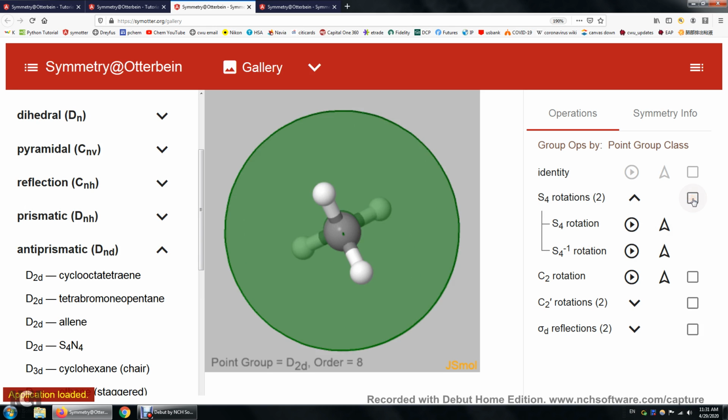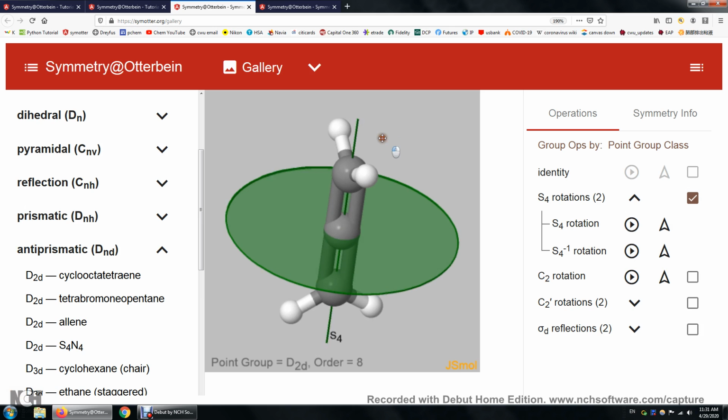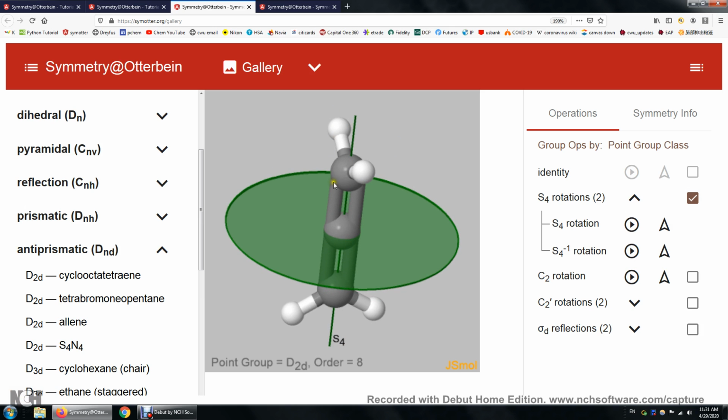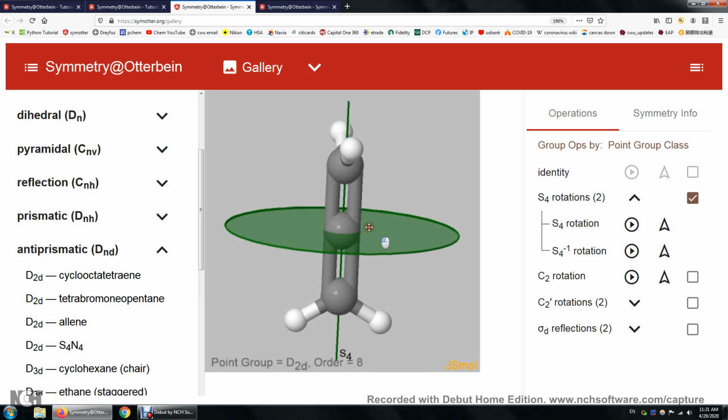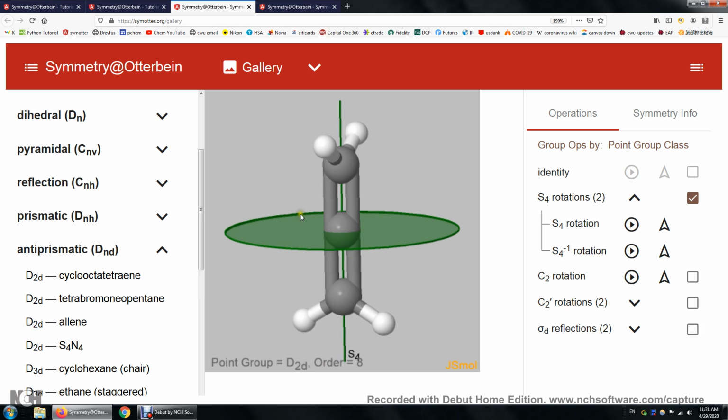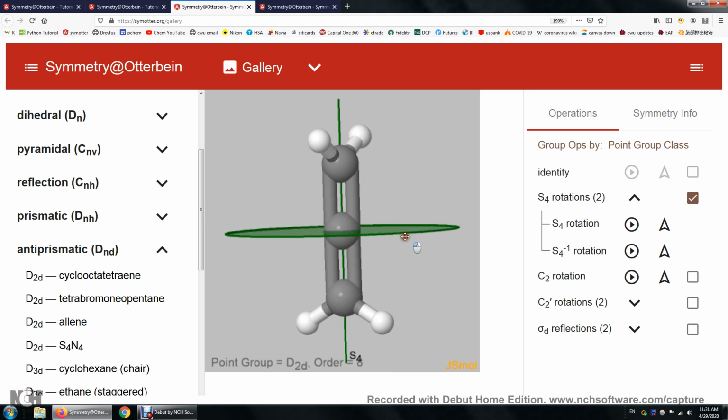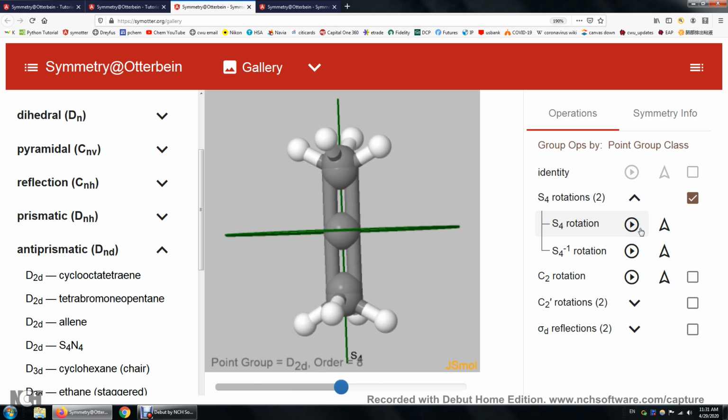So let me show you the S4 axis and the symmetry plane that's perpendicular to S4. Now we're going to do rotation followed by reflection. Rotate, now reflect. Okay, and then rotate in the opposite direction, and then reflect.